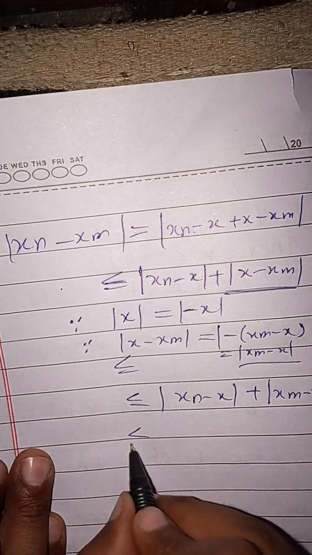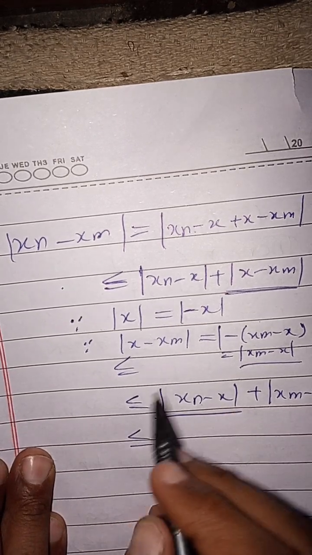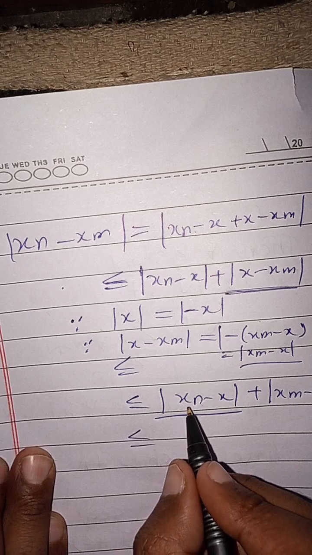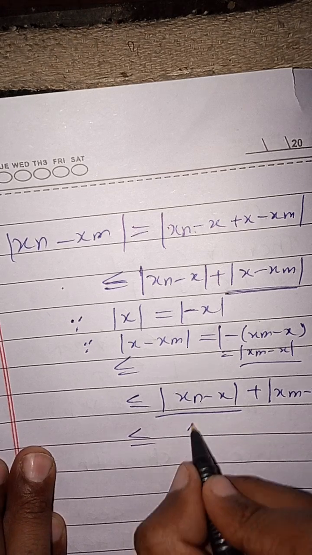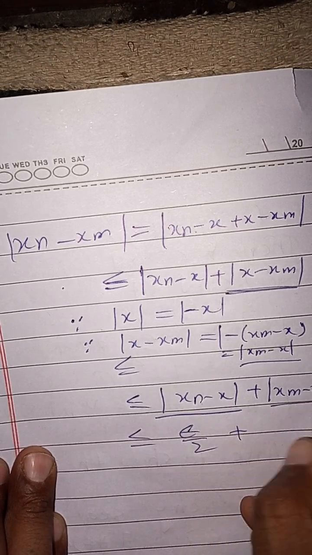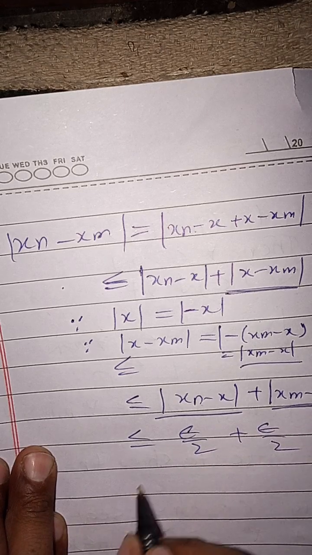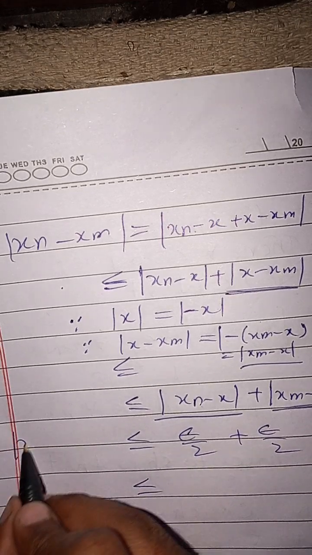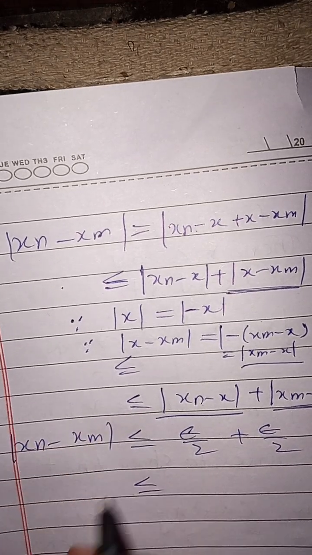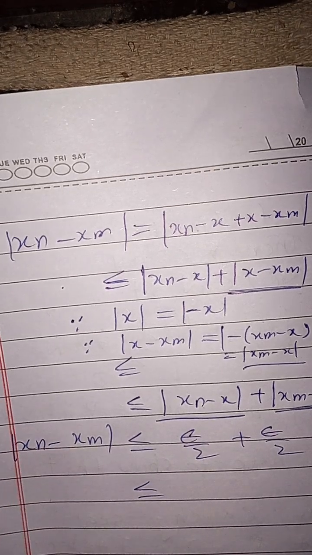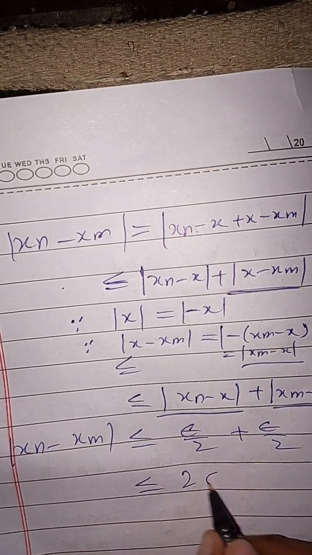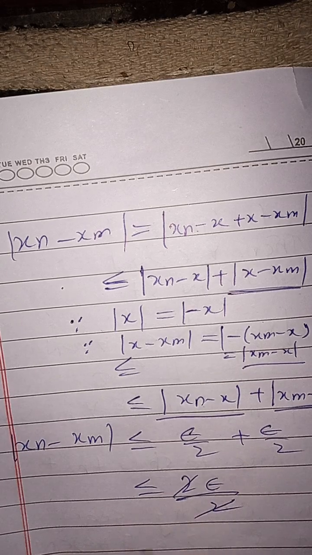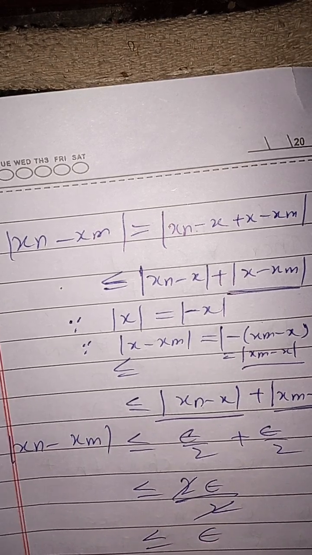From equation 1, |xn minus x| is less than epsilon by 2, and |xm minus x| is also less than epsilon by 2. So the left hand side |xn minus xm| is less than 2 epsilon by 2, and the 2 cancels, giving epsilon.